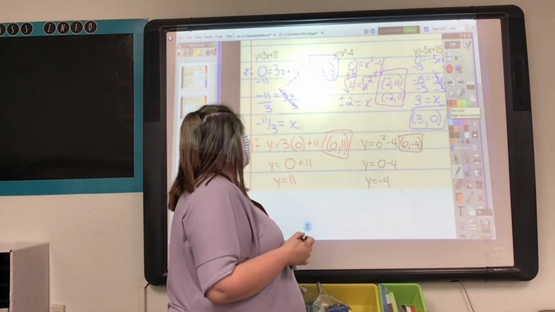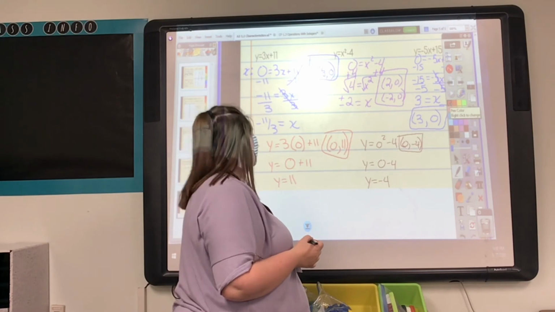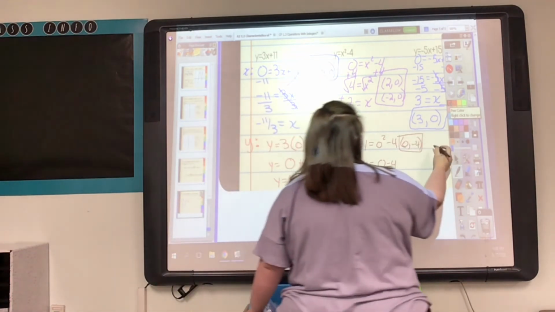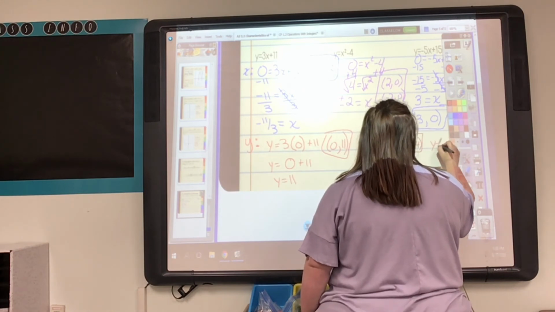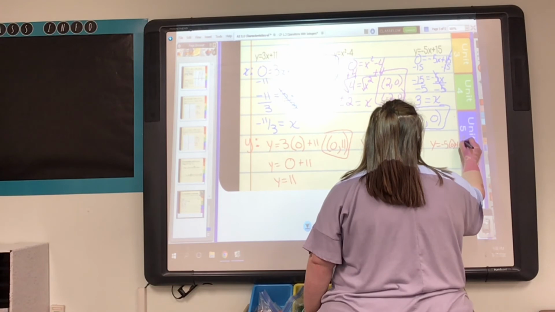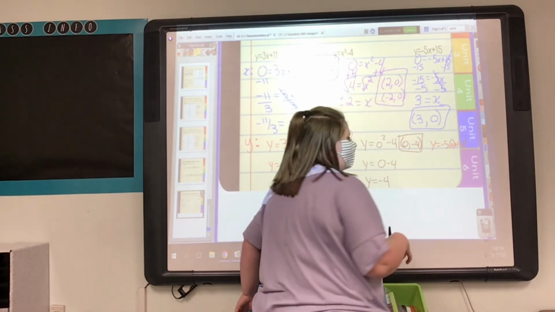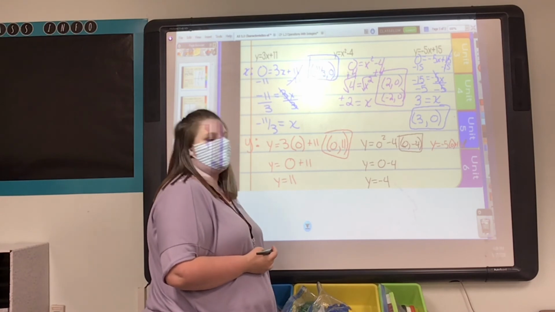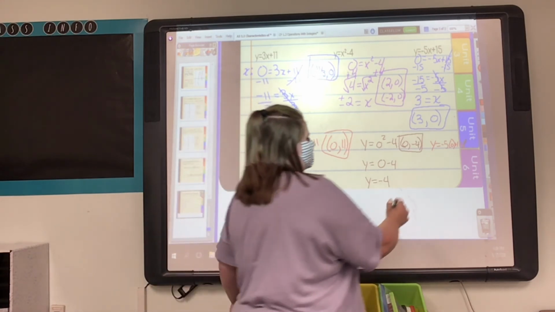And then for our y-intercept, we're going to replace x with 0. So we're going to come back up to this function. We have y equals negative 5 times 0 plus 15. I kind of ran out of space there. Negative 5 times 0 plus 15. Then we can go through and simplify.